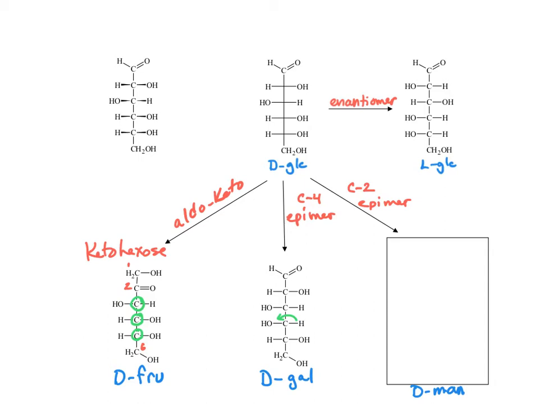Okay, I hope you took this challenge. We're going to draw the D-mannose Fischer projection. And a Fischer projection always starts with a vertical line. We're going to go ahead and put on a carbonyl on carbon number 1. We'll go ahead and put a primary alcohol on carbon number 6.